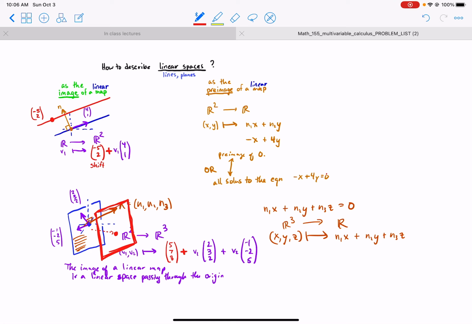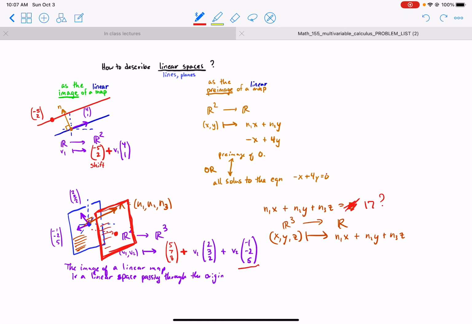And now, instead of the preimage of 0, we'd have to figure out the preimage of some number. And in a previous video, we saw how to find that number. And we can also describe this red plane that's shifted off the origin as solutions to an equation, or the preimage of that point under this map. Okay, that's it. You know how to do this.